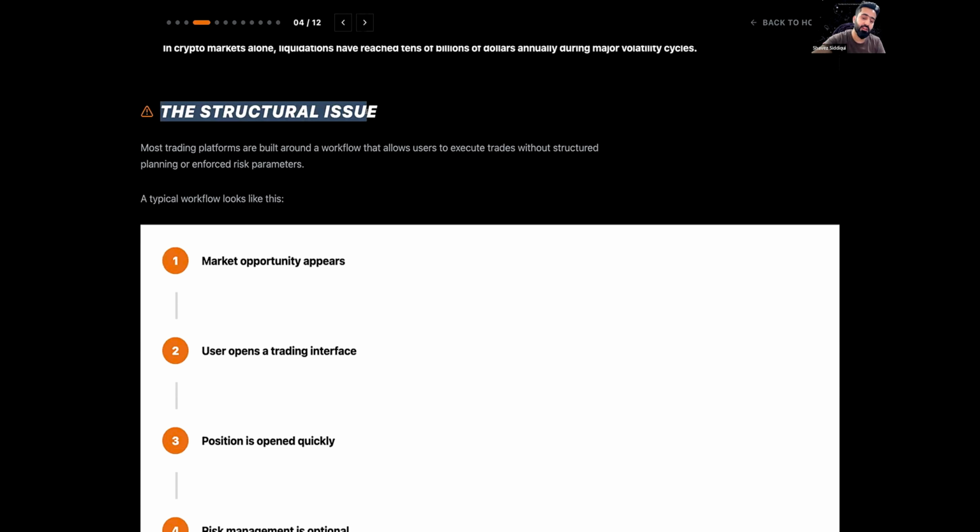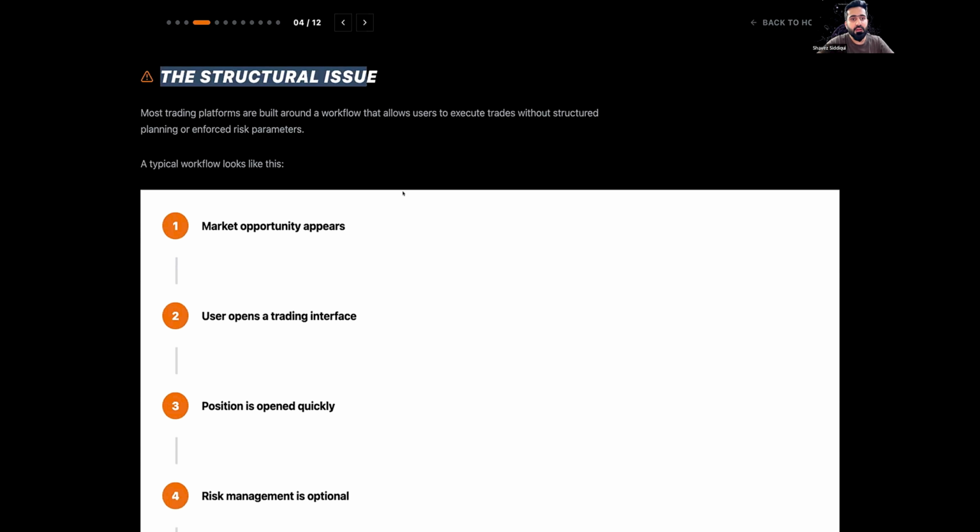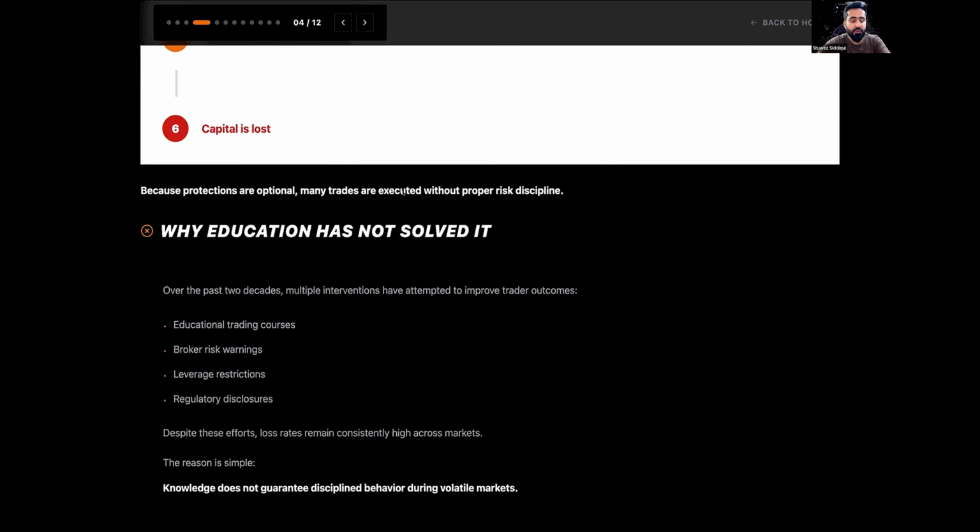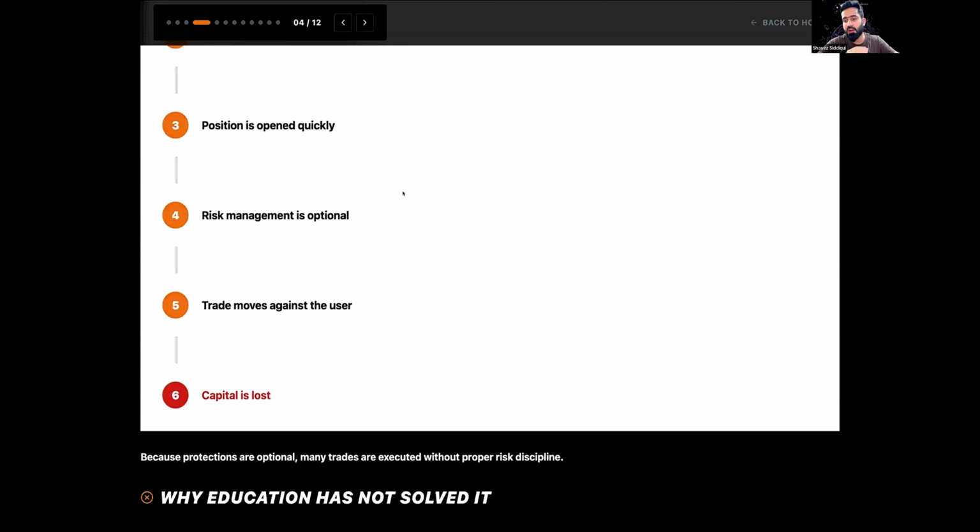If you were on the call or you watched the recording of yesterday's Zoom or the day before yesterday's Zoom, then you all know and understand the structural issues that are associated with retail traders. Then the workflow: how accounts get blown away, how retail traders lose all their money within 6 to 12 months, maximum 1 year, the accounts get blown away.